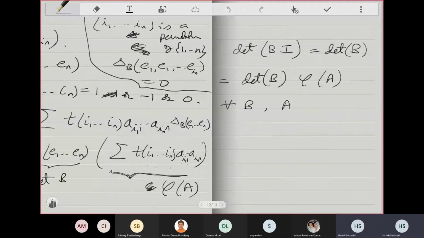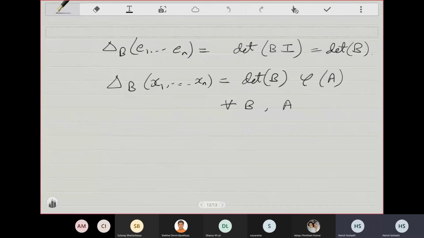So I can use the same function phi like this. So this is true for all B.